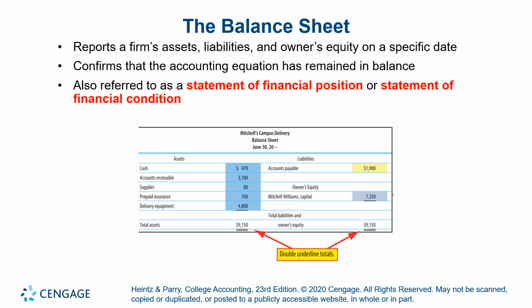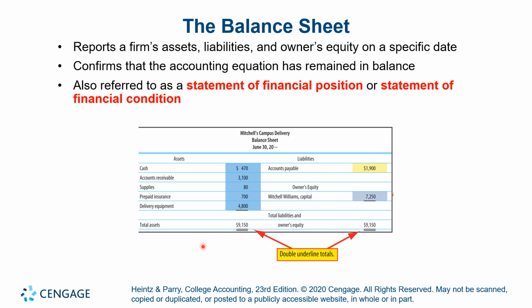Okay, last slide here. We're going to talk about the balance sheet. So this is Mitchell's campus delivery balance sheet ending June 30th. So he put all of his assets over here on this side. So we had cash, accounts receivable, the money that people owe us, the supplies he bought, the prepaid insurance, and the delivery equipment. That totals up to $9,150.